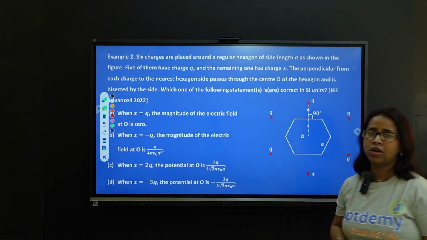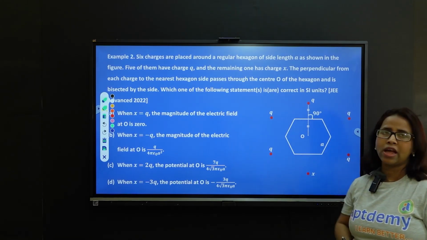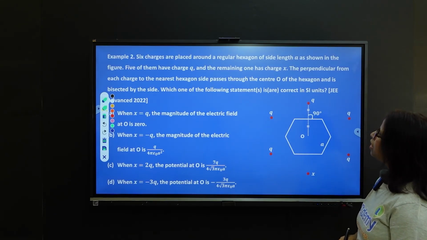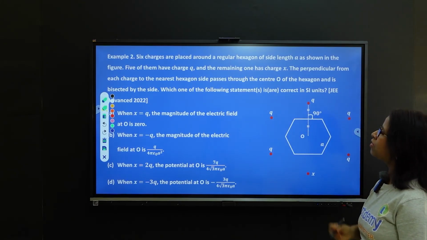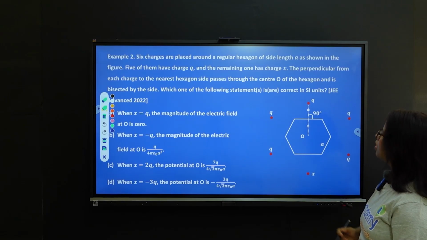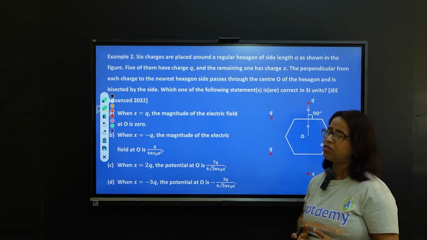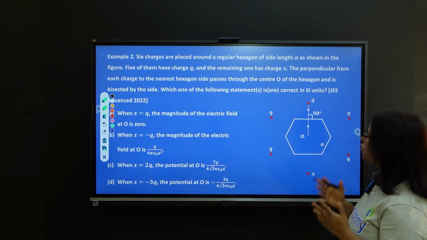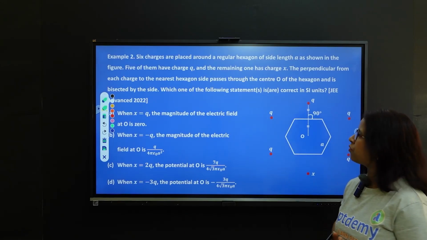We have a regular hexagon, which means that each side of the hexagon will have the same magnitude or the same value in fact. Now, here there are 6 charges which are located at the positions you can see. We have 5 charges which are all equal to the same magnitude Q, and the 6th charge has got a magnitude of X. Now what we need to find out is for different values of X, which of the following conditions will get satisfied.